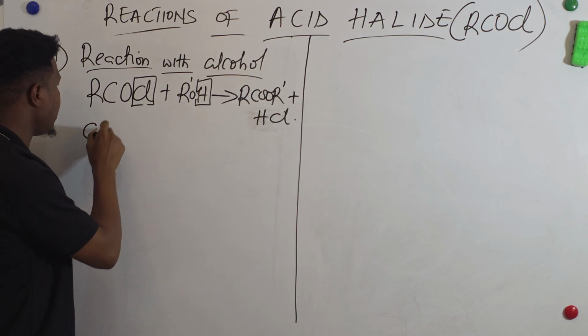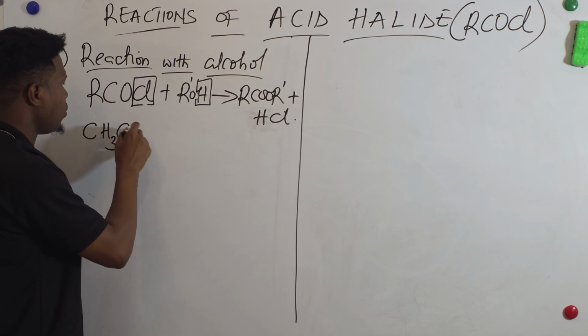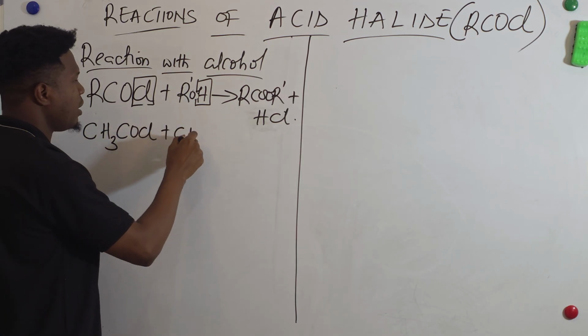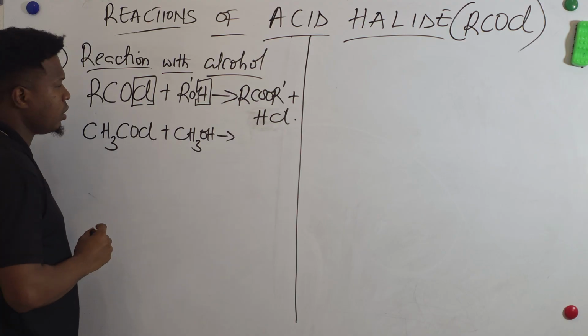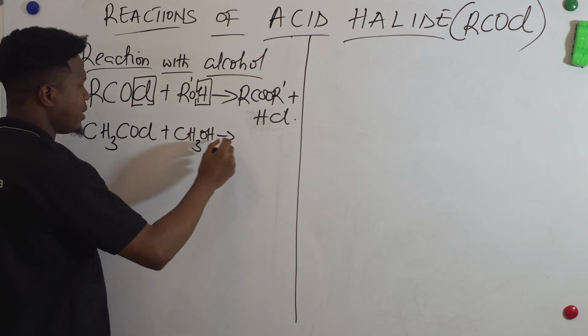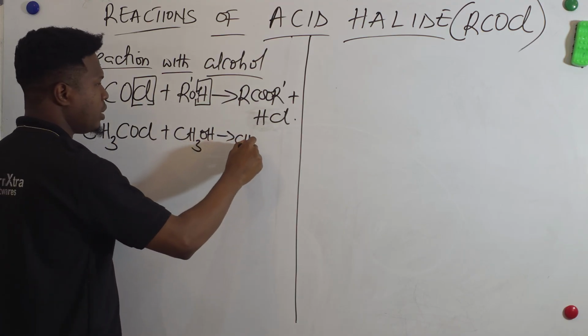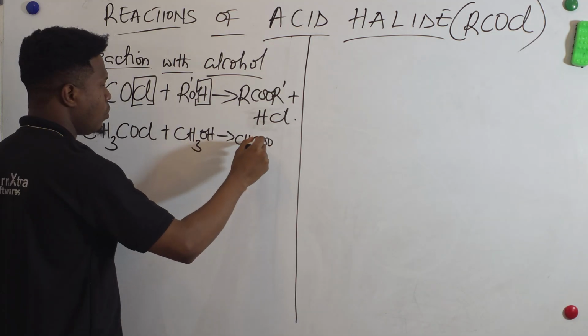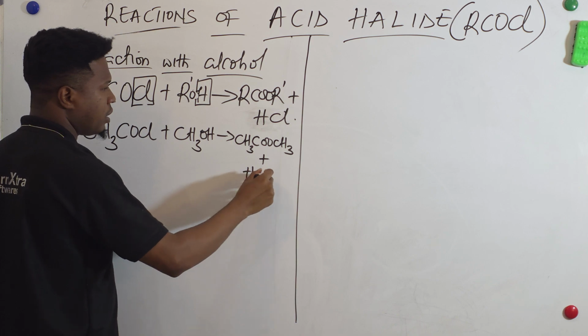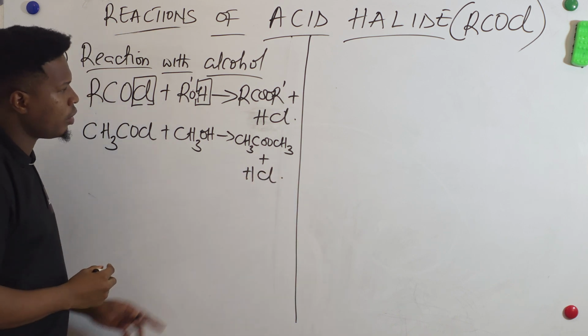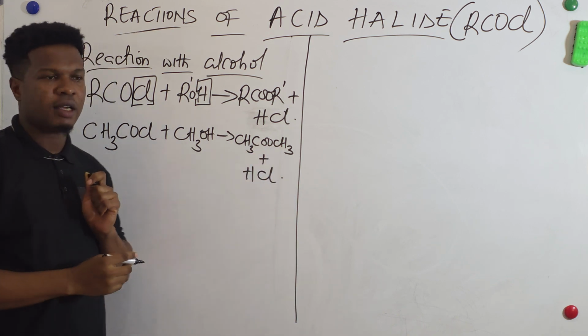If I have CH3COCl plus, let's say, methanol, you're going to have an ester, which is CH3COOCH3 plus HCl. So you're going to have methyl ethanoate in this reaction.